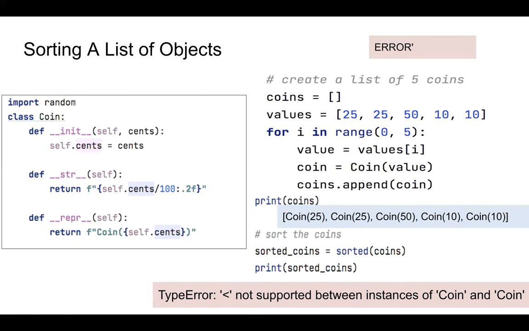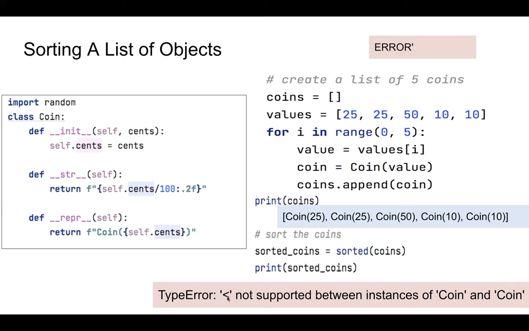Sorting a list of objects. The sorted method requires you to define the less than operator. If I just have the init, str, and repr methods defined, and I now have the values 25, 50, half a dollar, and 2 dimes here, I want to sort them and have the dimes appear first, but it's going to give me an error.